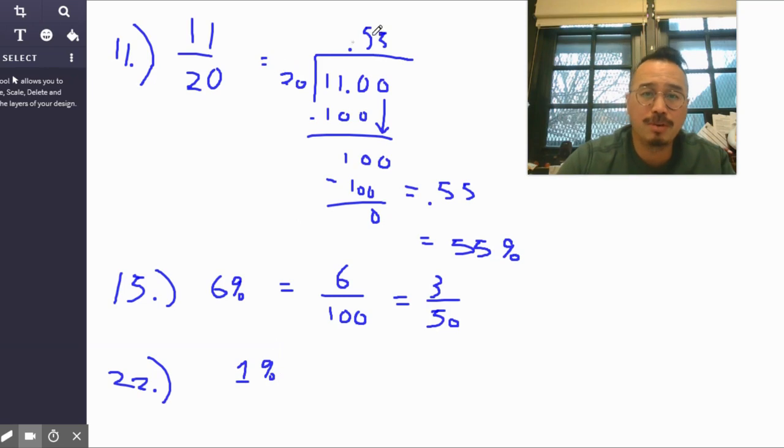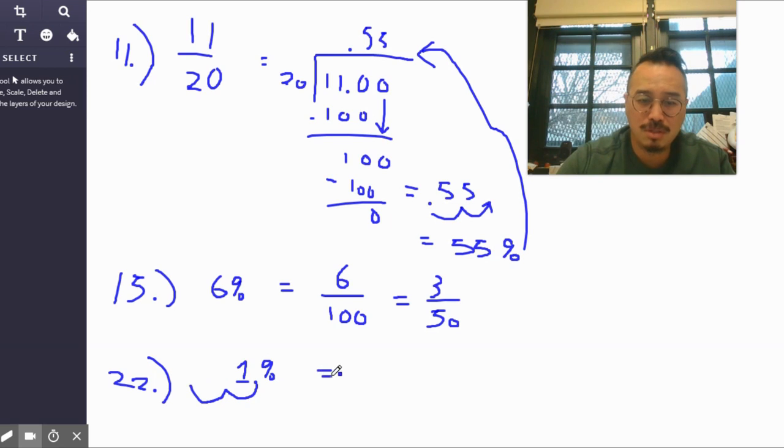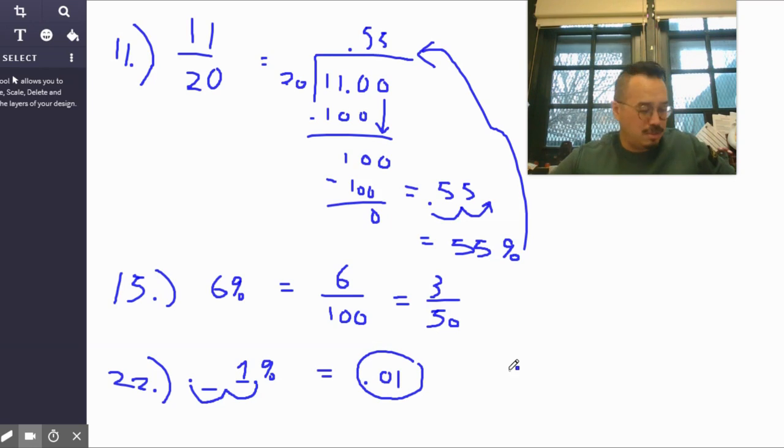Whereas when we turn from decimal to percent, we move the decimal twice to the right, when we turn percent back into a decimal, what do you think we're going to move the decimal? Yeah, to the left, right? So here you got a decimal that's invisible. 1, 2. All right, so you got a decimal there now. So point what? What's this placeholder here? Right, 0.01. That is 1% as a decimal. 0.01, quite small, isn't it?